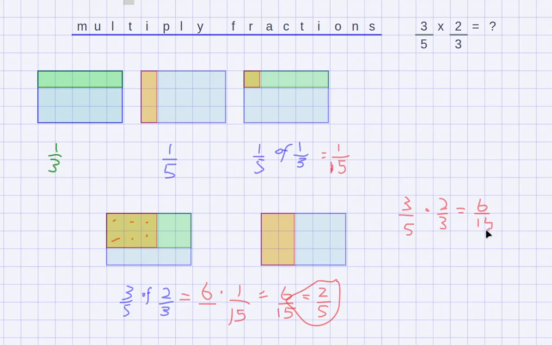Those are the little boxes. That's how many little boxes we have. And when we multiply the top together, we get 3 by 2, which is this thing here, which is 6. So 6/15ths. And then when we simplify it, by realizing that that's the same amount as these 2 columns, it's 2/5.